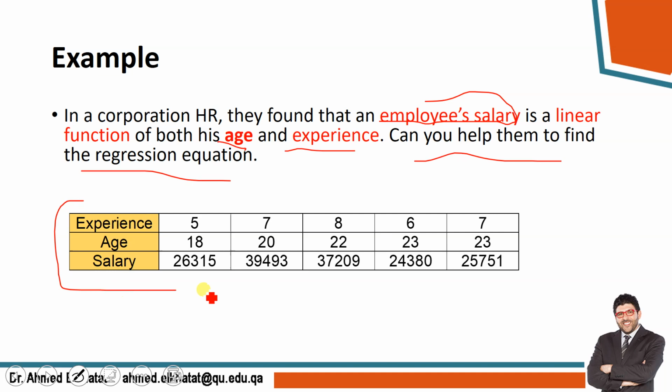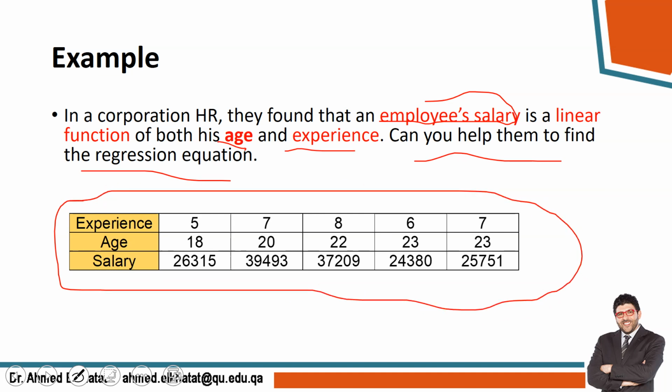According to their study, people who have 5 years experience and are 18 years old have this salary. And for those who are 7 years experience and 20 years old, they have this salary, and so on. So we have x1, x2 and y. We want to find the coefficients, the regression line for this multiple regression. How do we do it?